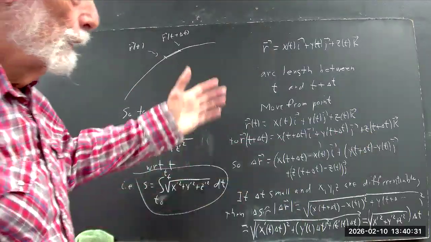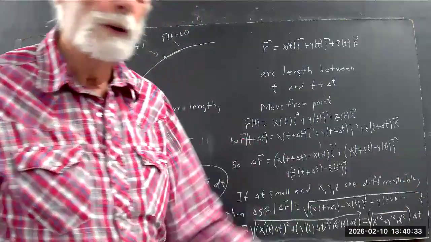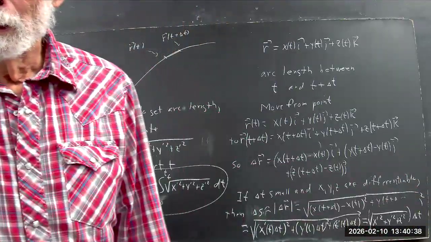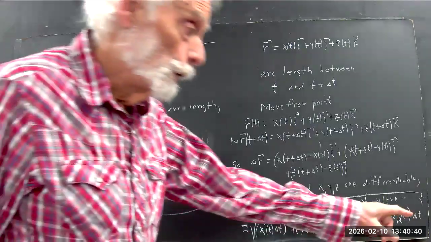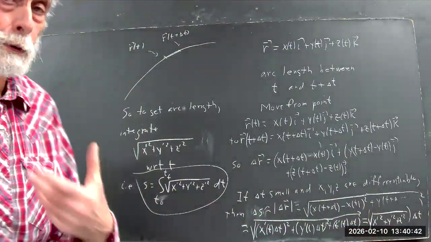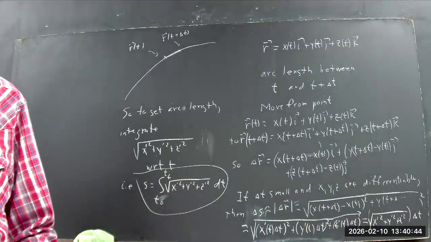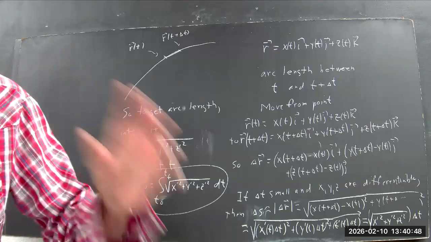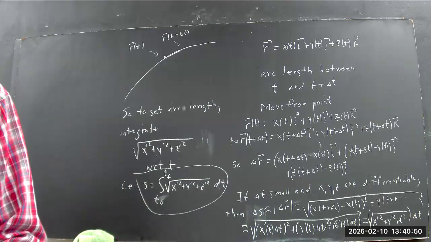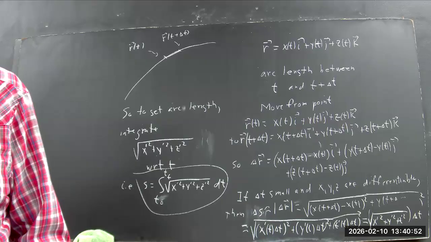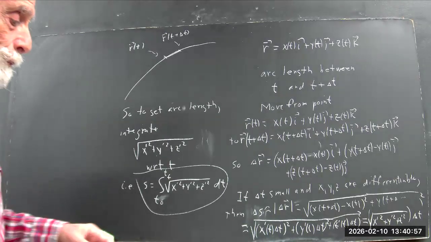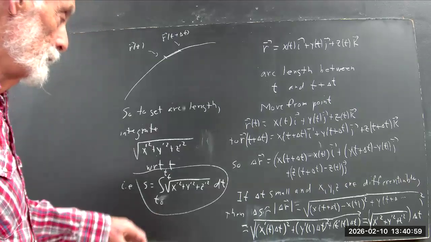Now, implicitly, I'm talking about limits as delta t approaches zero and a summation of all these things. Okay? You would sum up all these things and get this. Your book will tell you in very similar notation. Sometimes they'll use F, G, and H for the x, y, and z components. Sometimes they'll use x, y, and z. Okay? Don't let the notation throw you. The idea is very simple.